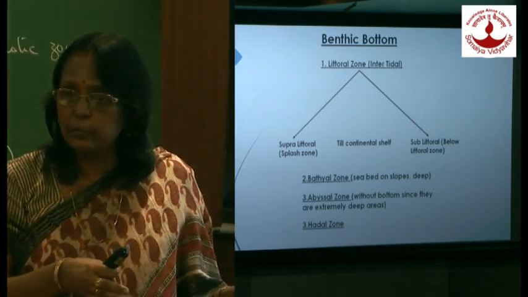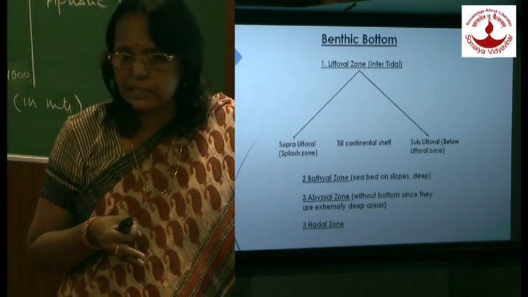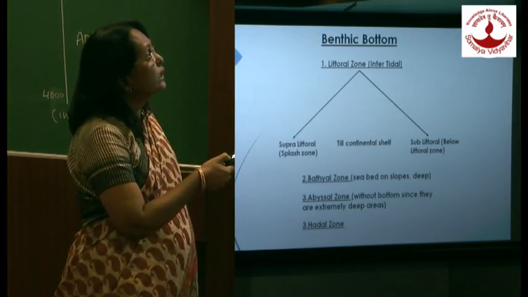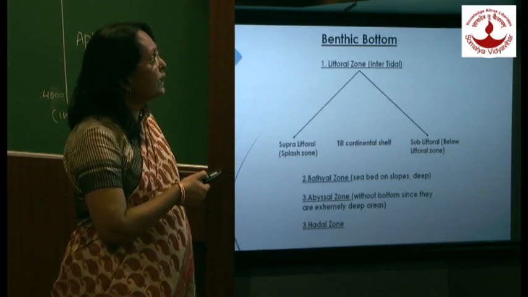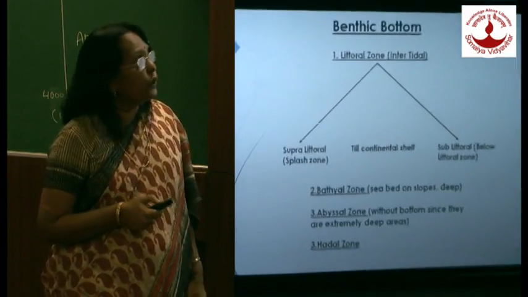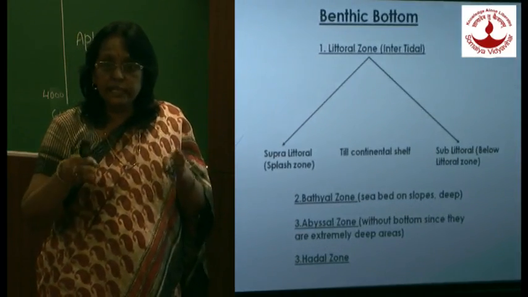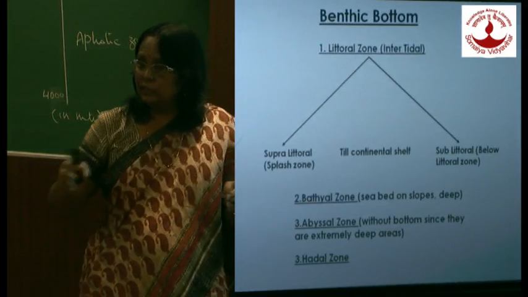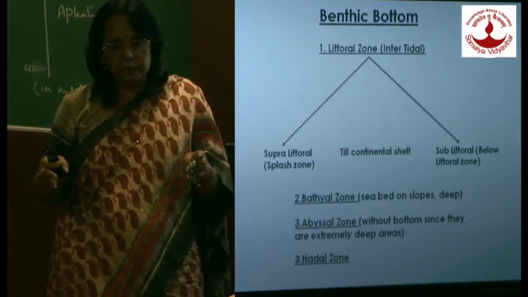So the conditions there will be very different even for animals. So the littoral zone is further divided into supralittoral and sublittoral zones. Did you understand what the littoral zone is? It is intertidal, the area between the low tide and the high tide.